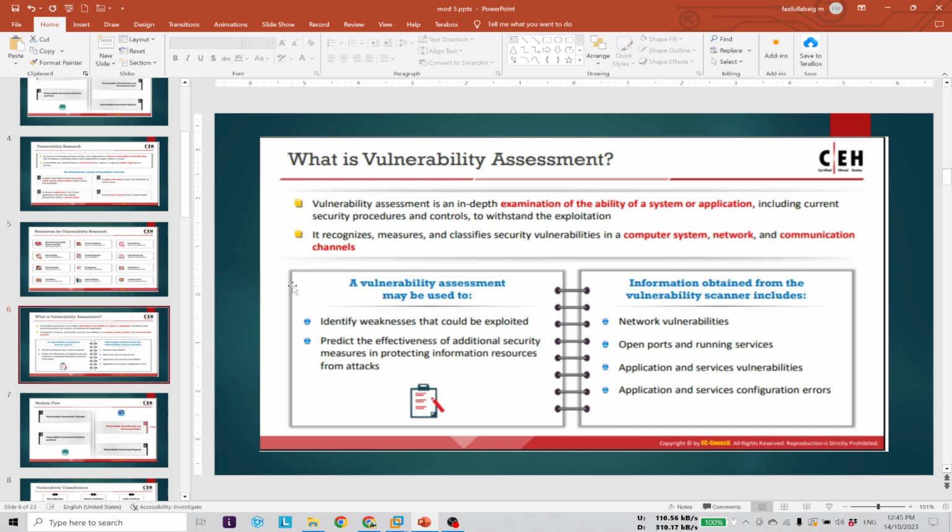And to predict the effectiveness of additional security measures in protecting information resources from attacks. Information obtained from vulnerability scanners: vulnerability scanners are available for network, web application, mobile application, and so many more.